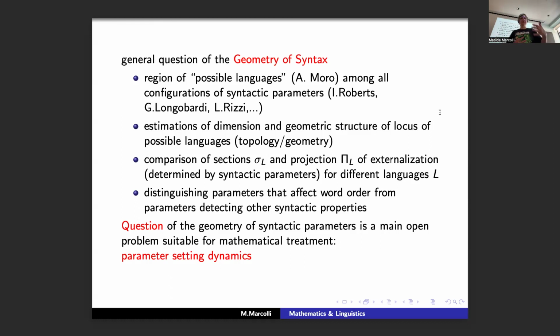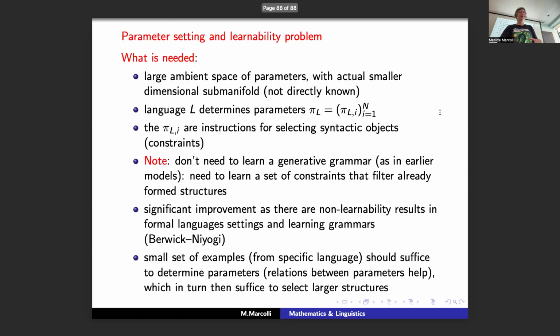Then the explicit examples of a particular language that one is exposed to in the language learning process as a child will set the parameters in a certain way rather than another, and this will filter out the structures that are compatible with that and eliminate the ones that are not. So one wants a good description of the dynamical system that, given examples, will set the parameters one way or another and then establish the correct filters on the remaining structure.